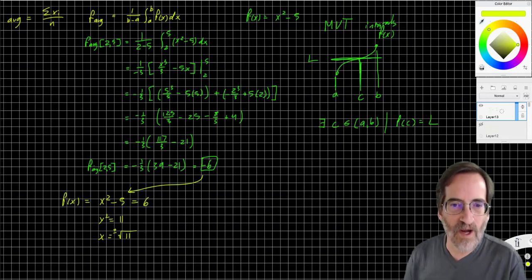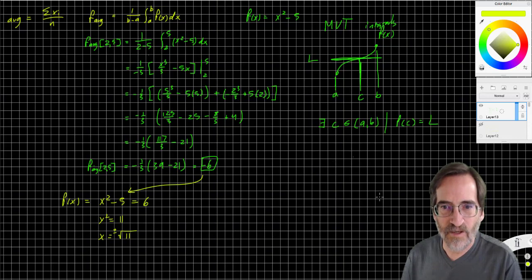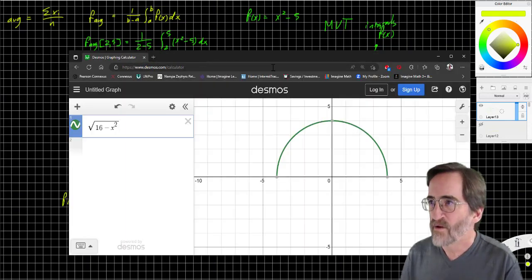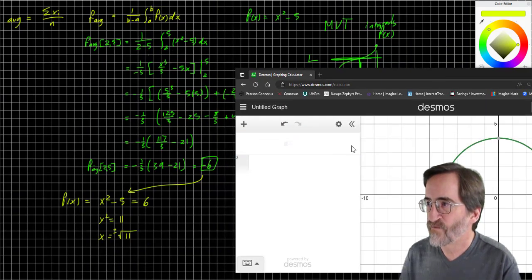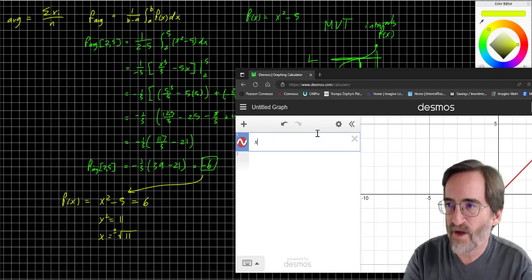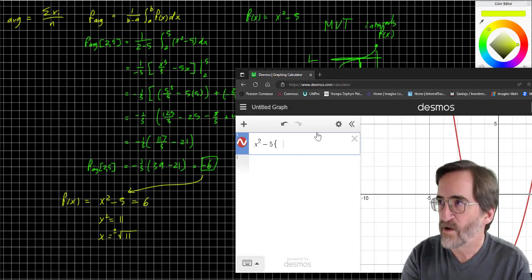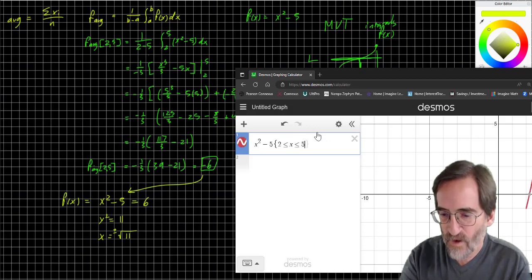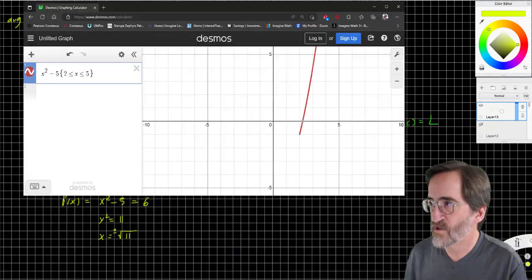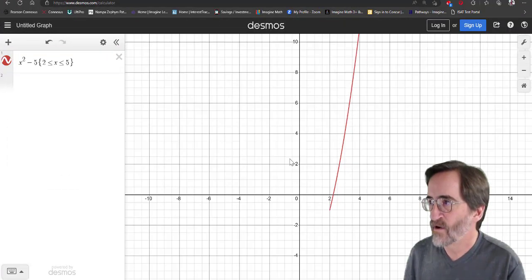And if I were to graph this in Desmos, if I were to graph x squared minus 5, from what did we say, 2 to 5. Okay, so here's the function graph right here.